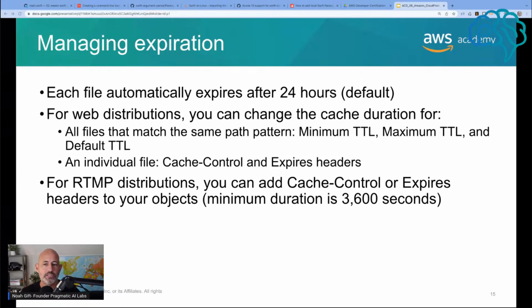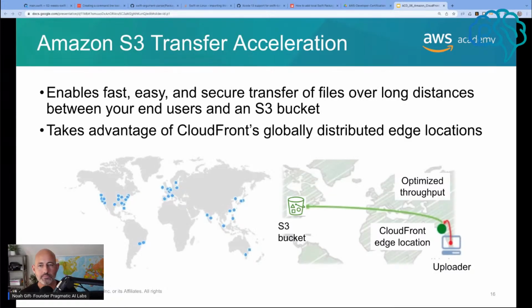So the idea here is that there could be scenarios where the majority of your content has a very specific configuration, but then you have really popular content where you may actually want to customize the cache control.